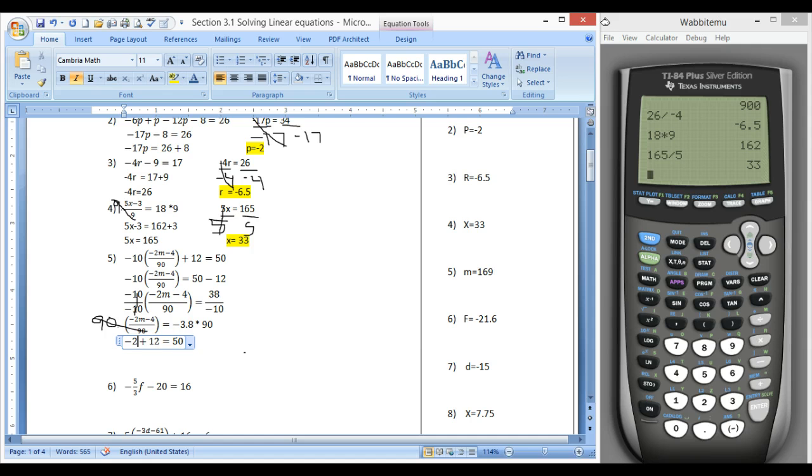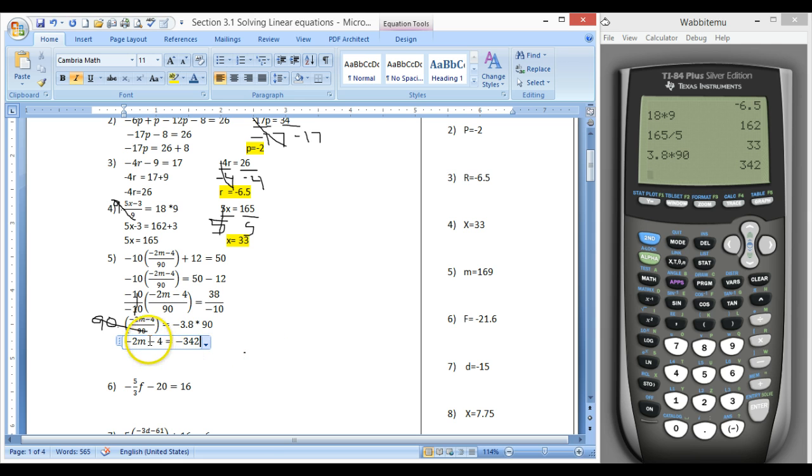Negative 2m minus 4, and then I have a negative times a positive is negative. 3.8 times 90 gives me 342. Okay, now we've simplified it to look what the previous examples looked like.